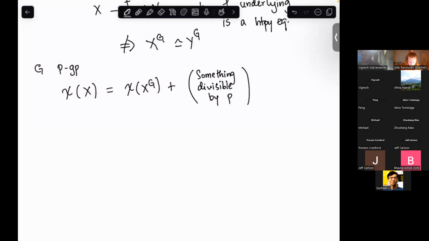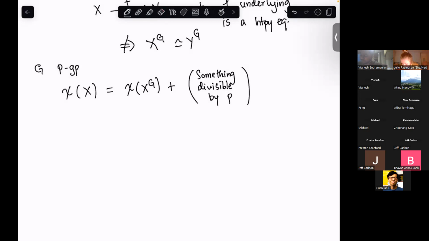A G-CW complex is obtained by attaching cells G/H times S^n. So if you don't have a fixed point, every orbit has cardinality divisible by p. If you split up the Euler characteristic into two parts, you get the Euler characteristic of the fixed points plus something that's divisible by p.